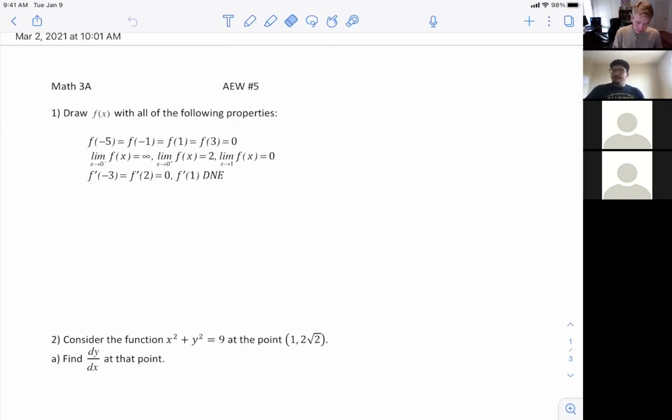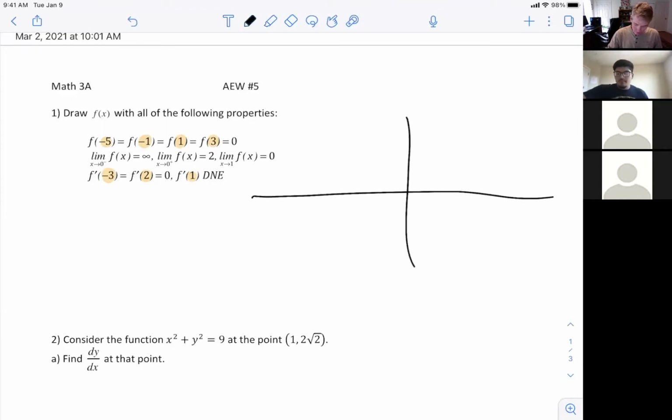So this first one, first I'm going to get all of the x values and then put those on the graph. So here's my x and y axis.